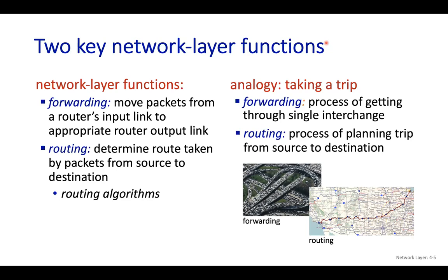It's like using Google Maps, where you plan ahead of time. But forwarding is just when you're right there, you decide which way you should go. It's kind of like this analogy. This is the difference between forwarding and routing, and these are the two very important basic functions in the network layer.